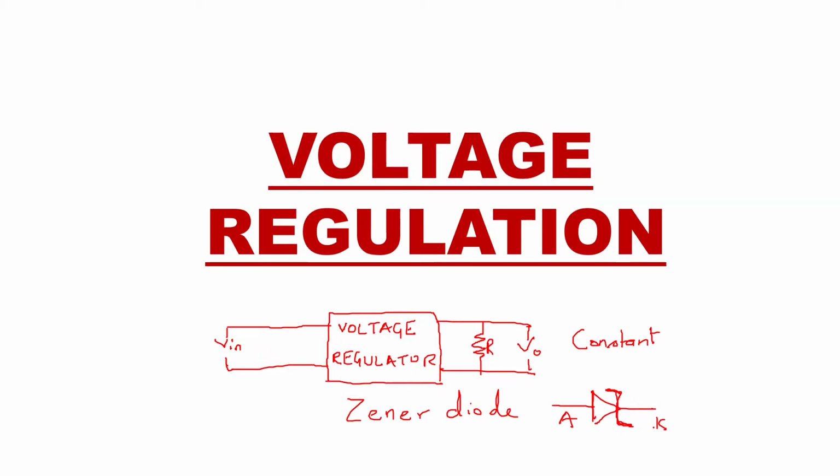The supply which you get from the electric pole to your house or to your labs, your main supply, is around 230 volts. And that 230 volts first should be brought down by a transformer, and then it should be rectified to DC. AC should be converted to DC, and that particular DC will be used for the applications.